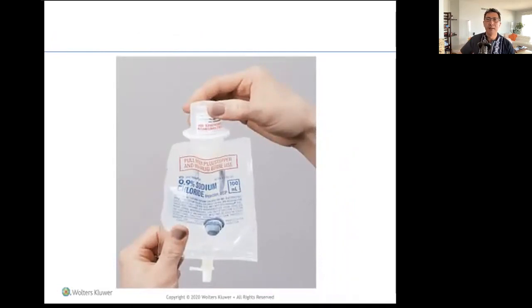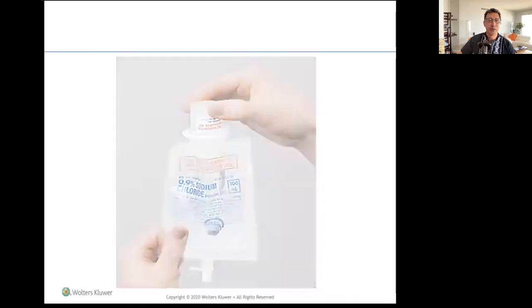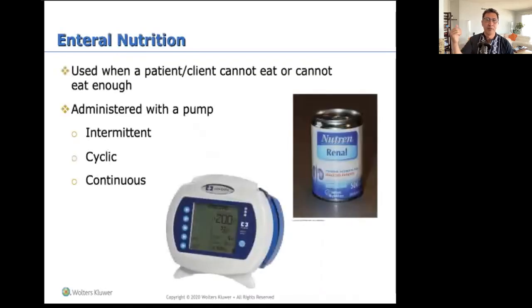Another thing is enteral nutrition, tube feeding. Some of you may work in a nursing home. You see some patients with a PEG tube coming out of their stomach, where you're giving them food and some medications through there. Also, a lot of times in the hospital, a patient had a stroke and they can't swallow, they can't eat.